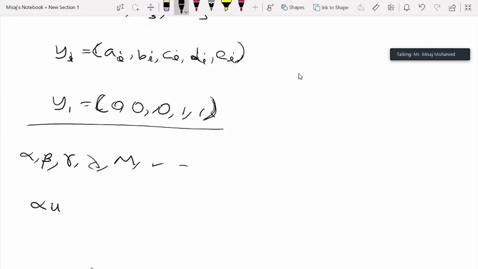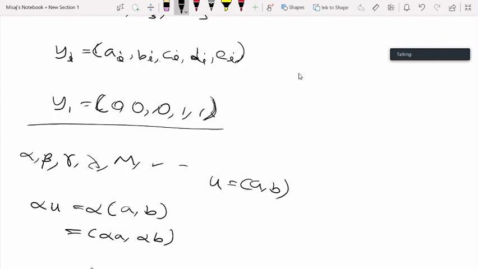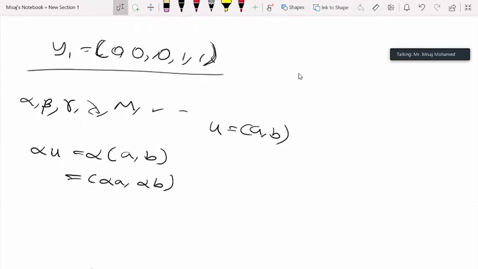This is a scalar product, that means vector u is multiplied by a scalar. Say u is (a, b), just a vector. Then we can multiply inside: alpha a, alpha b. This way we can multiply inside the vector. Is it okay?